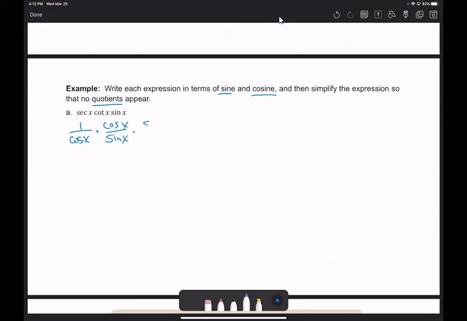And then sine, we're not going to change it because it says in the directions to leave it in terms of sine or cosine. If you remember with fractions, we can cross cancel. So I can cancel out cosine x with that cosine x. I can cancel out that sine with this sine because that's sine x over 1. So that reduces to 1 as we substitute in those identities. So that expression, secant x cotangent x sine x, is the same thing as 1.